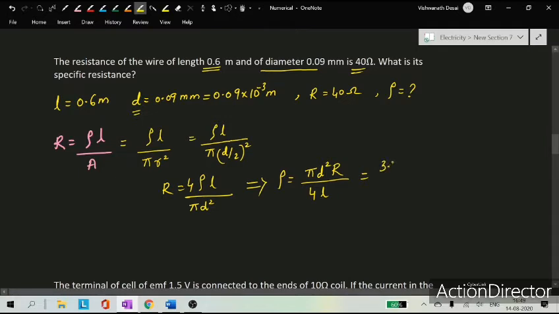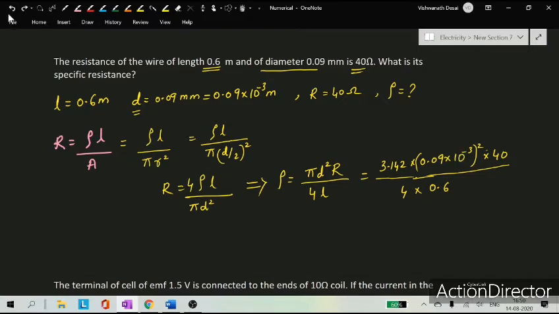This is equal to pi value, you can take it as 3.142, into d value. D value is 0.09 into 10 to the power minus 3, square, into R value. The value of resistance is 40 ohm. Whole divided by, you are going to get the value of L here, 4 into L value, 0.6. So here the total power you are going to get is minus 6, right?